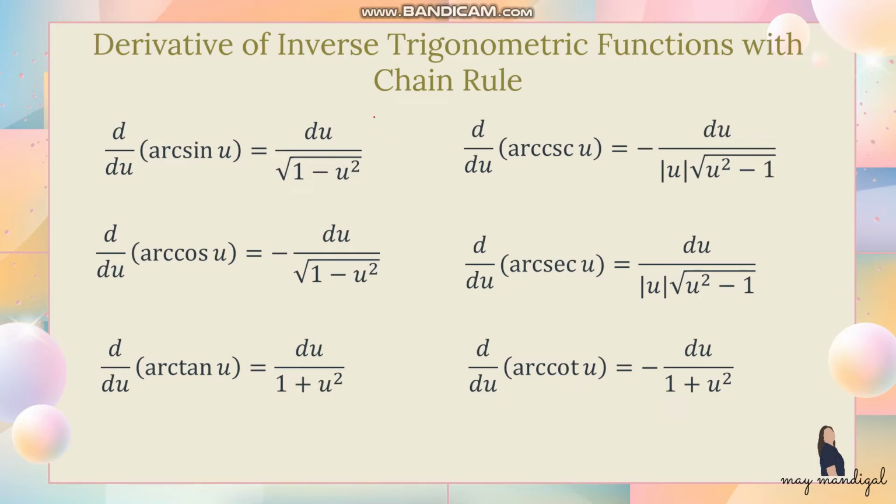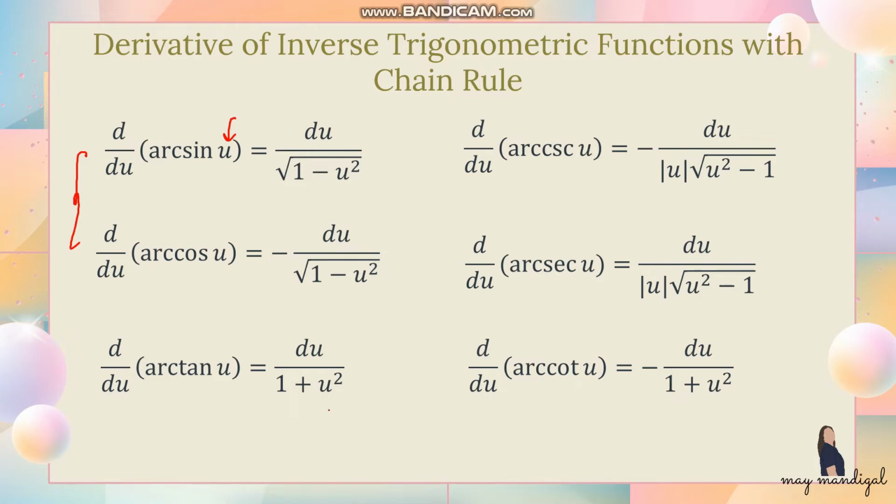Now what is du? Du means we have to get the derivative of u. So u here is our inner function, as you remember from our chain rule. We still have arc sine and arc cosine with the same formula, wherein arc cosine is just negative. It's now du over square root of 1 minus u squared.